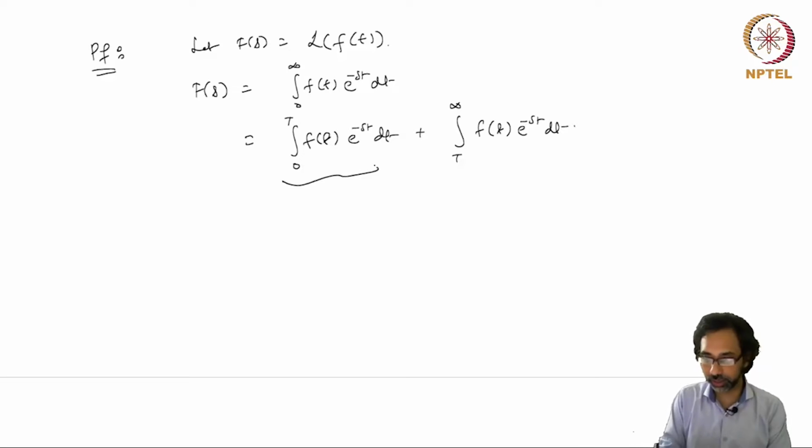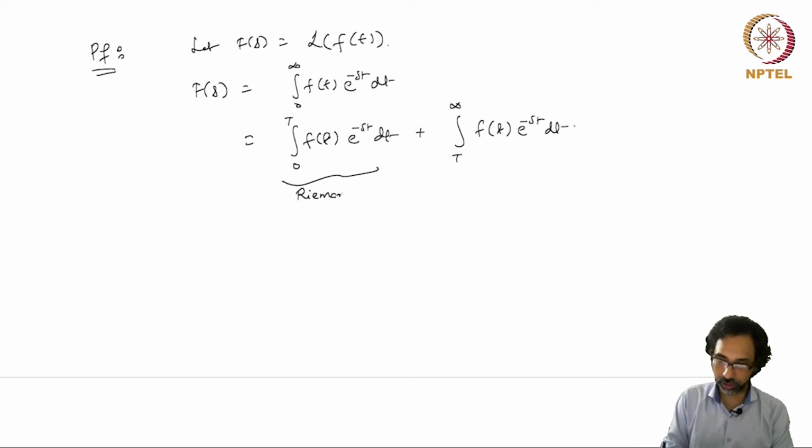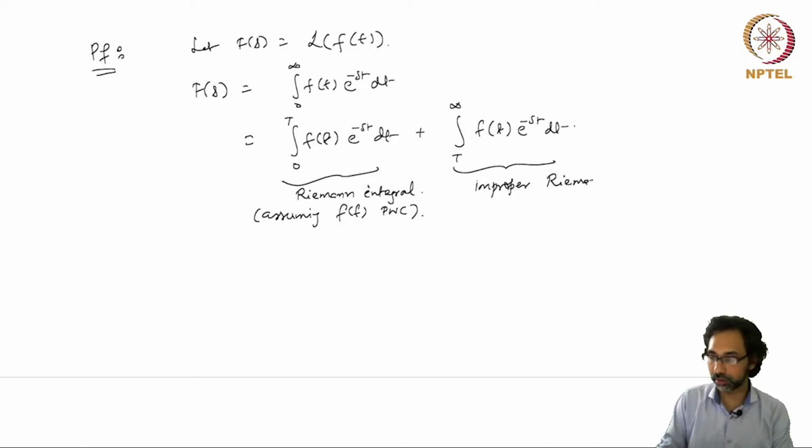Again, this first one exists as a Riemann integral, assuming f(t) is piecewise continuous, and this one exists as an improper Riemann integral.